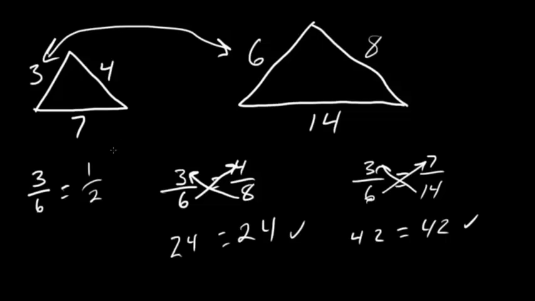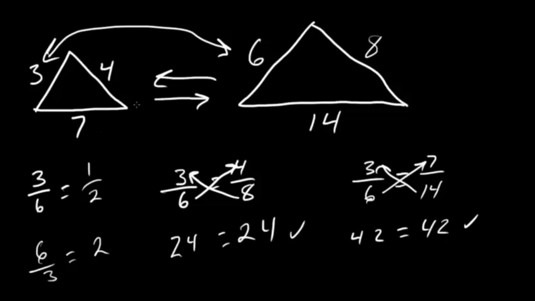So the scale factor between these two, if we're going this way, then we'd put this one on top and it'd be 6 over 3, which would be 2. And if we're going this way, then we put this one on top, which is 3 over 6, which is 1/2. So the scale factor there depends on what direction we're going. Even though we can actually use one scale factor all the time and either divide or multiply by it, and that works out the same way too.